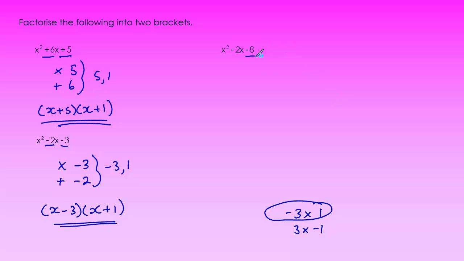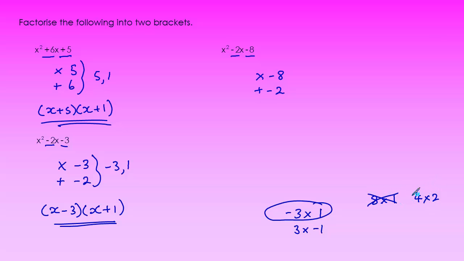So here we want to multiply to get negative 8 and add to give negative 2. Now 8 can be 8 times 1, or it can be 4 times 2. We know we're multiplying to give negative 8, so one of these numbers is going to be positive, the other negative, and we want a difference of 2, so it's not going to be this one.